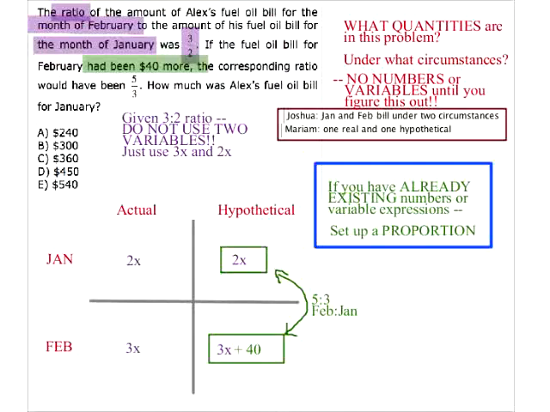So in this case, what a proportion means is you have your 5 over 3, it's your more familiar thing, on one side of the proportion. And then you actually take the quantities that are supposed to be in the ratio and you put them in there. So in this case, you should still have one variable, because the quantities should be defined in terms of one variable, not two.